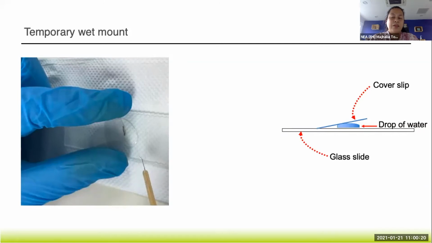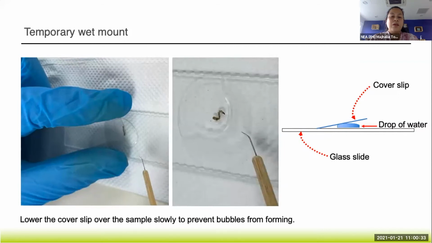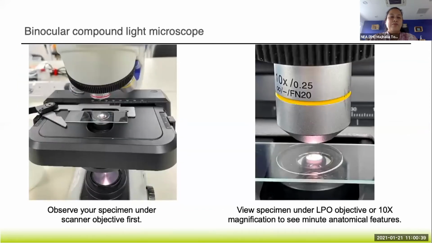Hopefully your larvae is also in the middle so that they don't squeeze out from under your cover slip. And then you can use a dissecting pin to lower the cover slip slowly onto your glass slide so that you prevent bubbles from forming. Then you can view them using a binocular compound microscope.